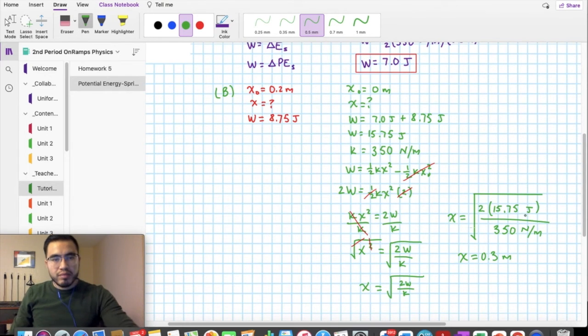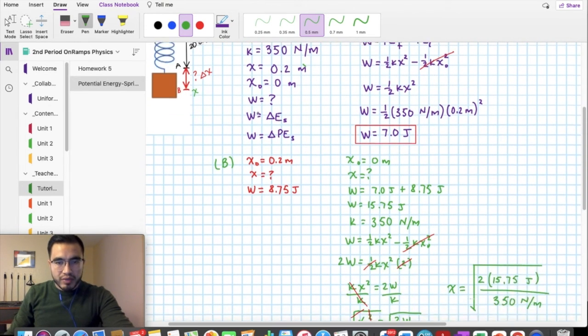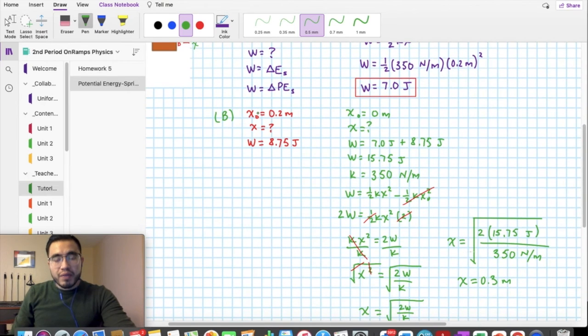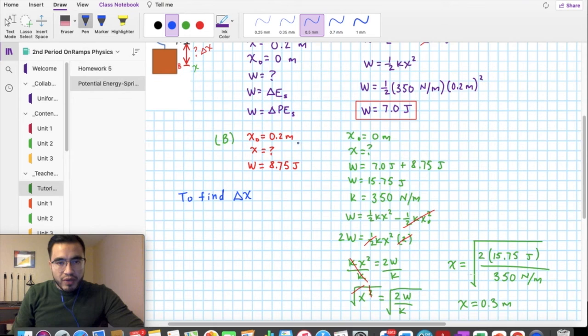Again, this is not the answer. We're trying to find the corresponding distance, the additional stretching, which is delta x. Now for this one, I'm going to use blue. So now to find delta x, we have to consider x naught to be 0.2. Again, if we had used the other version, then I wouldn't have to specify what x naught is because it would be the same.